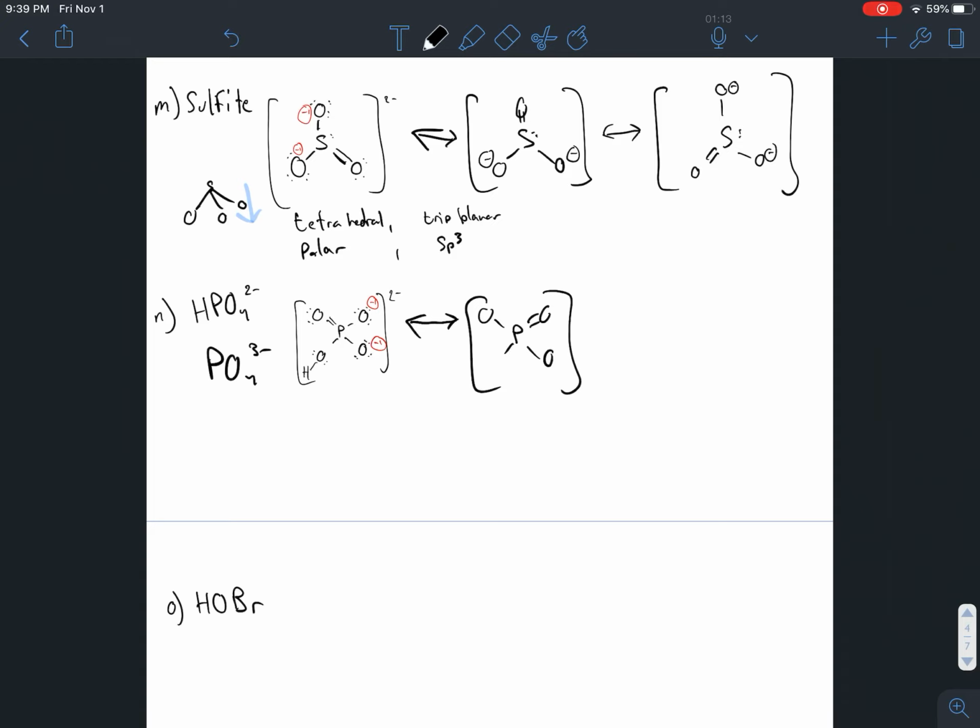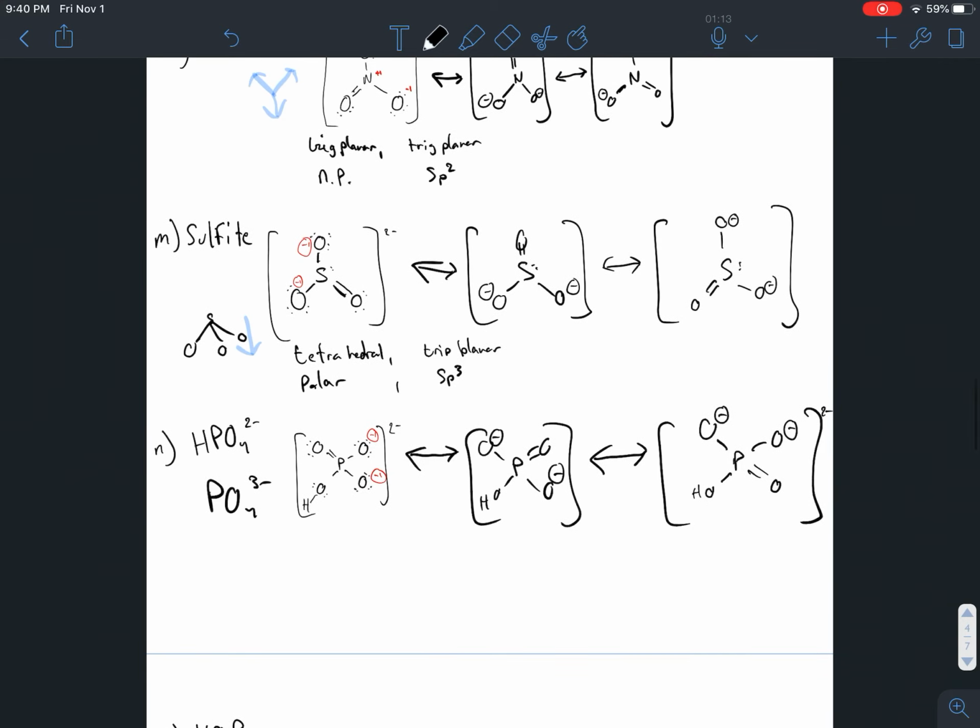And yes, maybe this seems like a waste of your time, but you do have to draw it. This is the only correct answer, because the negative charge exists on all of them. So let's comment on the bond order, like sulfite, for example.